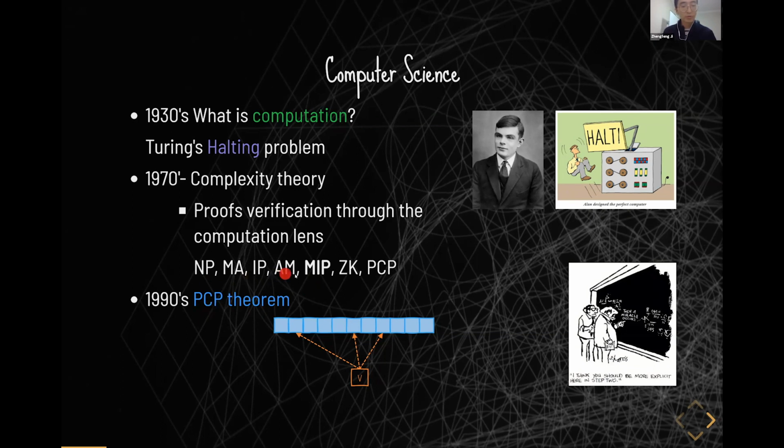It was motivated by research on MIP, by downsizing the MIP star characterization to get the PCP theorem. So proof verification is really key in that line of development and also in our work.